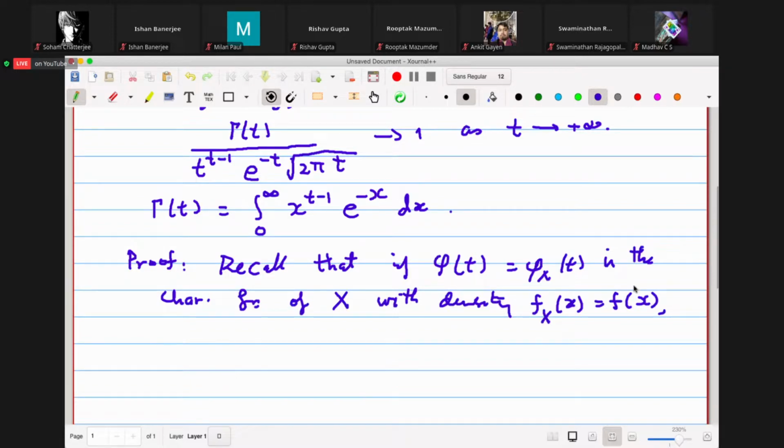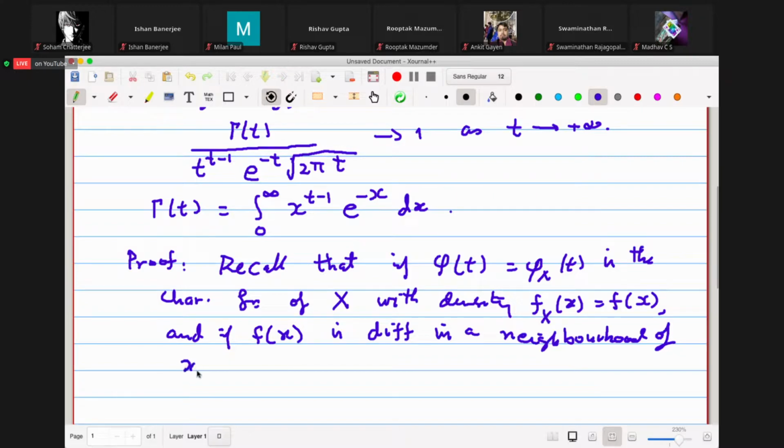you make one further hypothesis, that f is differentiable in a neighborhood of x naught.